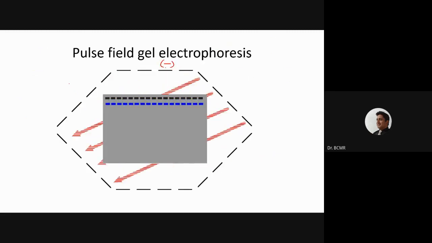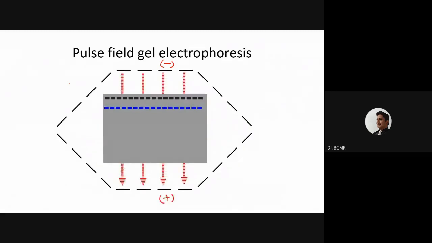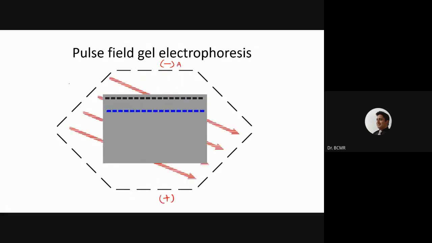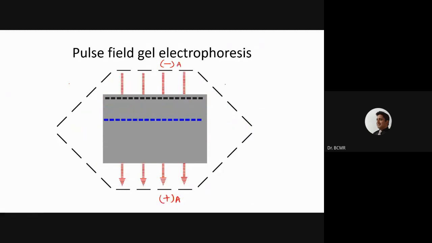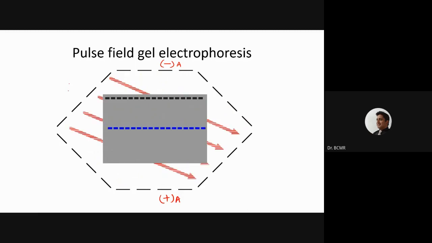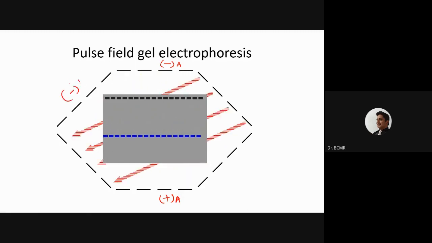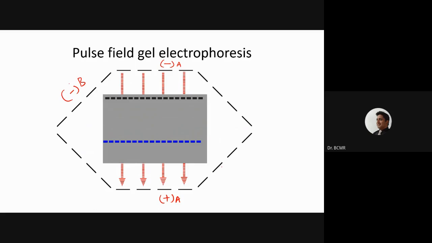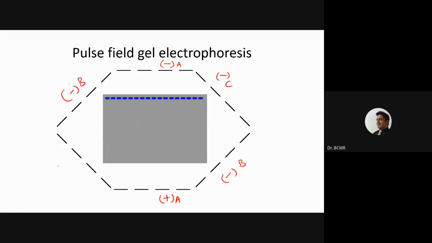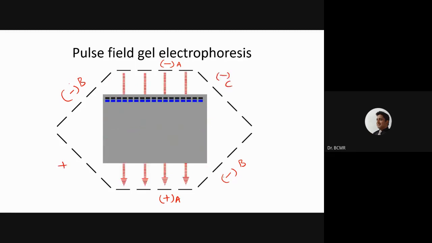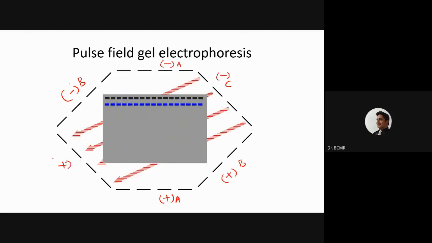This is one negative electrode and this is positive electrode. So I will call it A and A. And there is another one that is a negative electrode, B, a negative set B. And you have C, I'll call this also negative electrode, and this would be positive electrode, sorry.